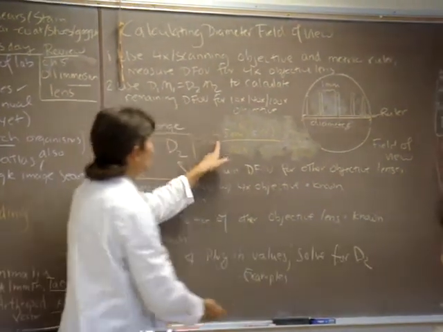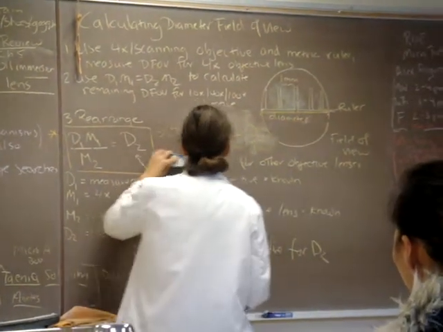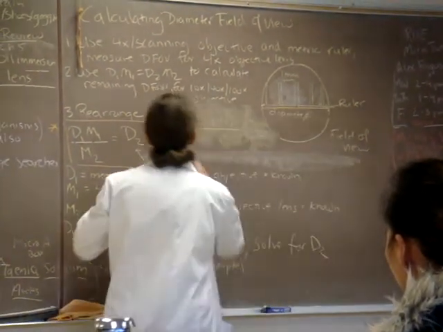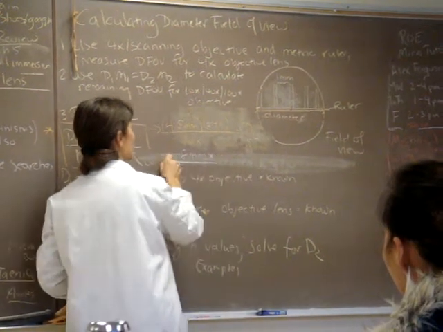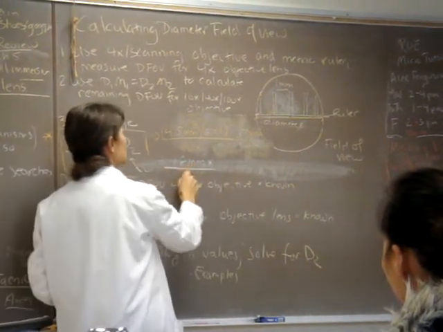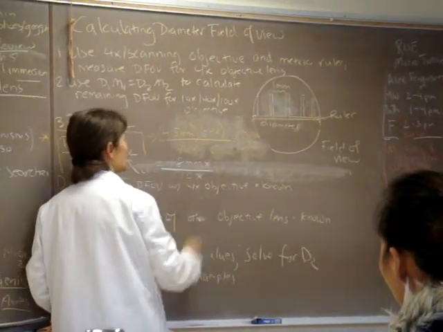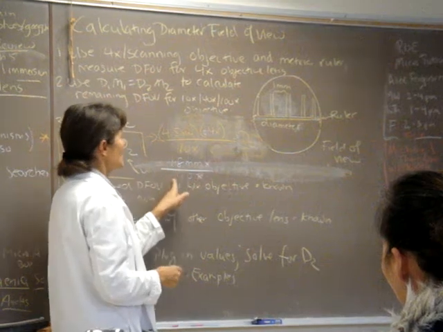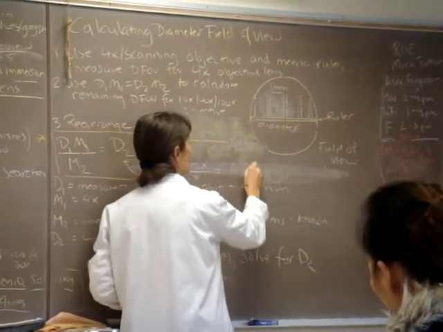So 4.5 times 4 is 18. Okay, so that's 18 millimeter diameters divided by 10 diameters. The diameters cross out, right? They cross out there. So 18 millimeters divided by 10 is what? 1.8 millimeters.